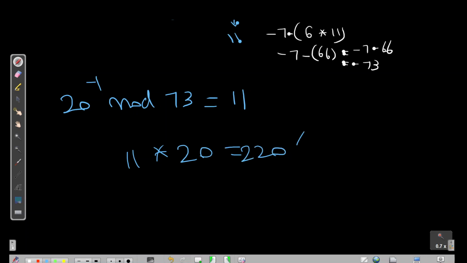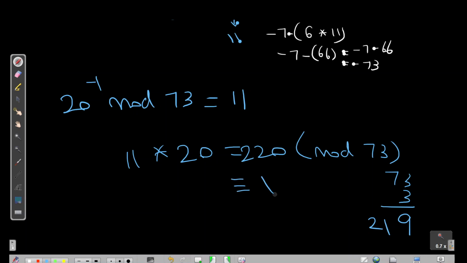Now, 220 mod 73: 73 into 3 is 219. So the remainder is 1. So we got that 11 into 20 is congruent to 1 mod 73.